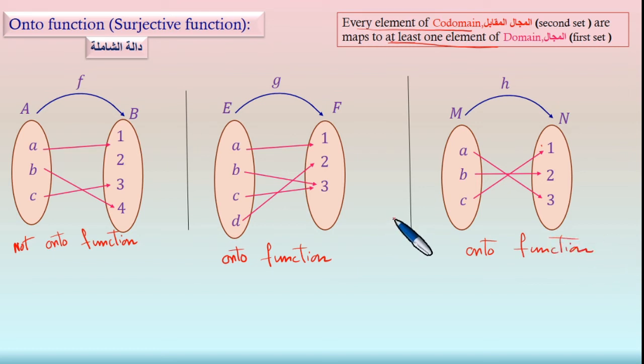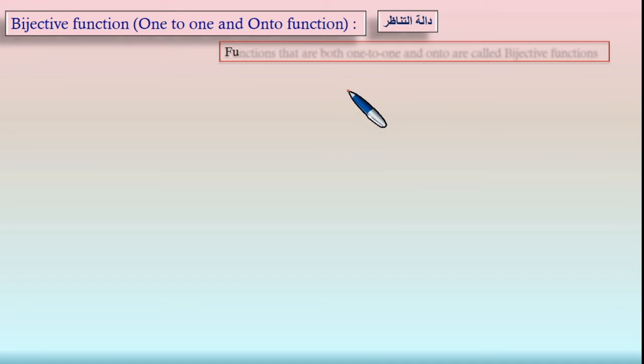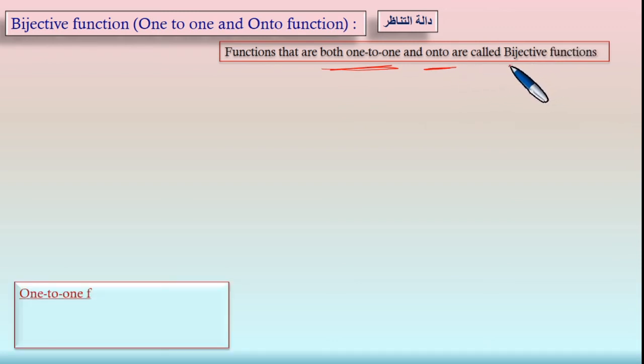Right? So now let me see one more type, the last, the third type of function, that is bijective function. It says that functions that are both one-to-one and onto are the bijective functions. Let me see this with an example. So first recall the one-to-one function.